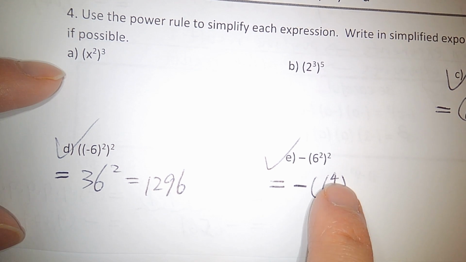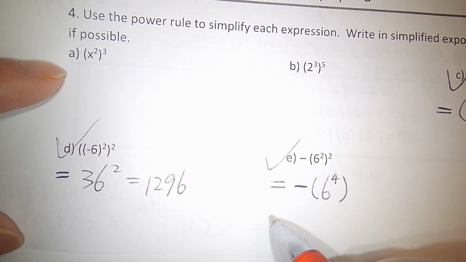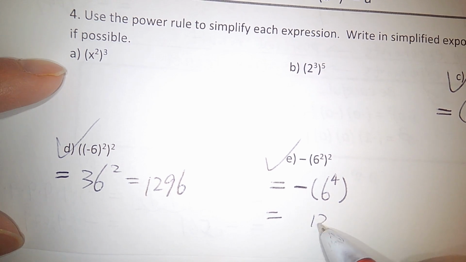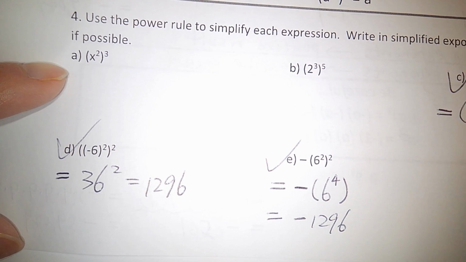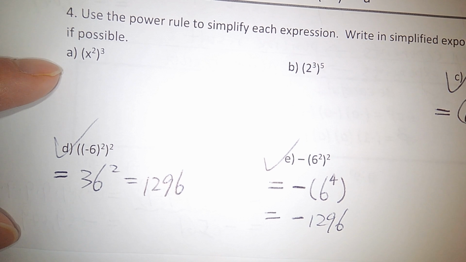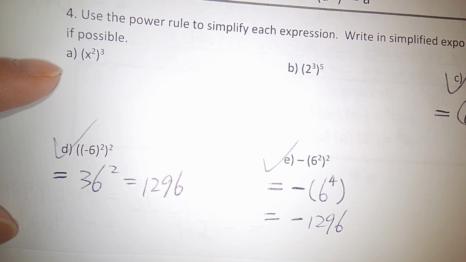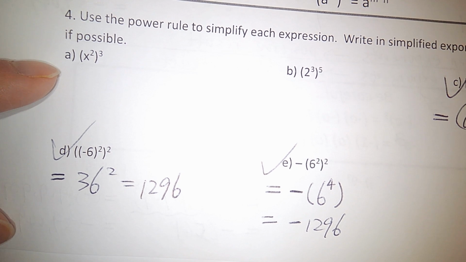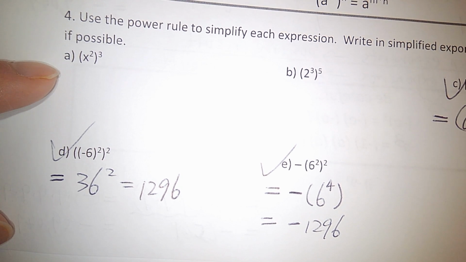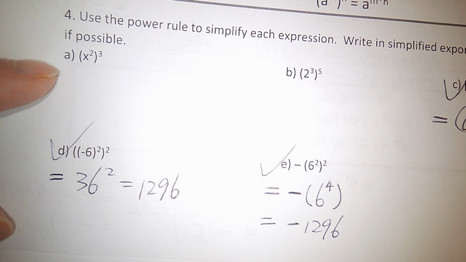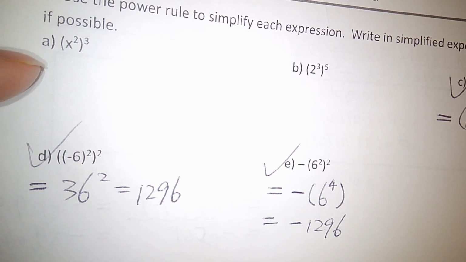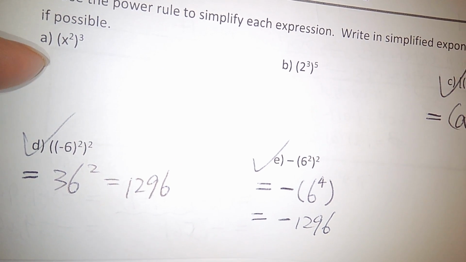Negative 6 to the 4th power. 6 to the 4th power, we know it's 1296, but don't forget to add the negative sign. Right? Can we move on or no? Yes, we can move on, okay?